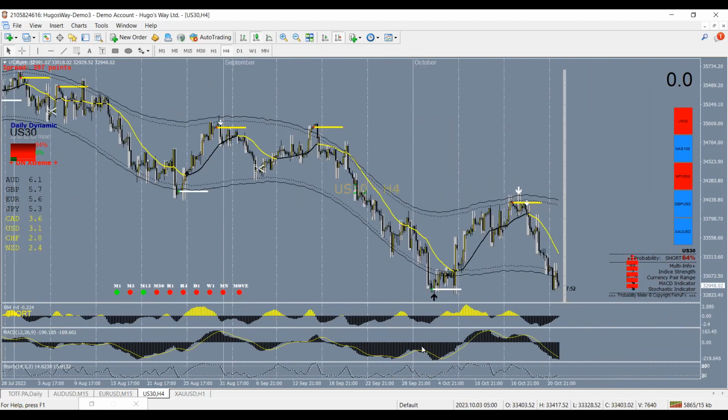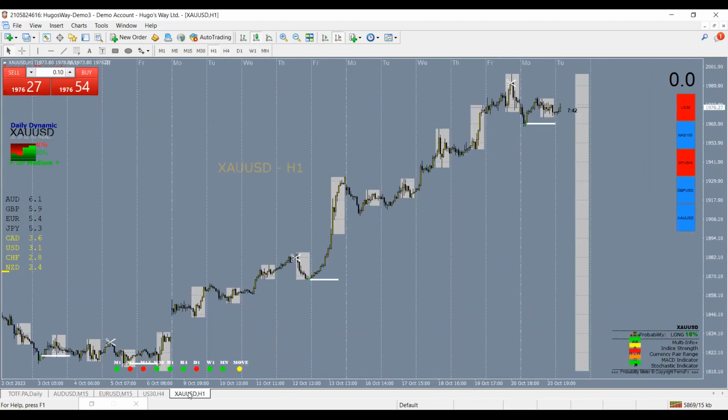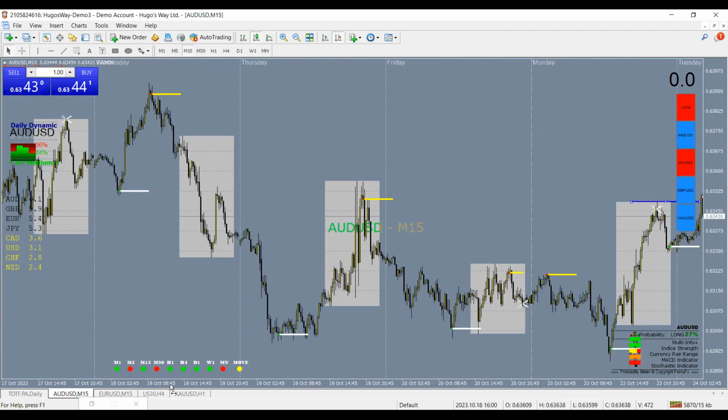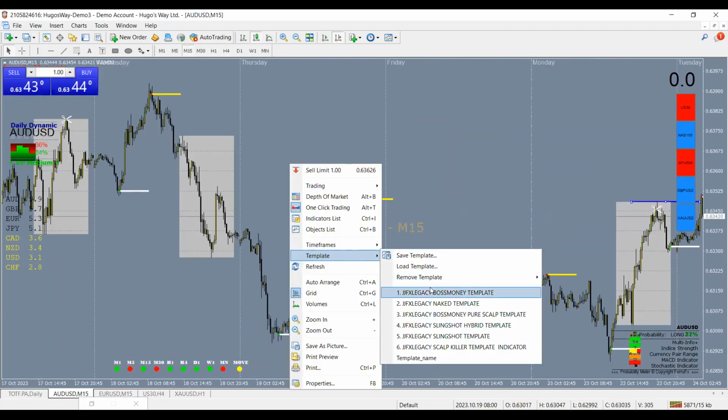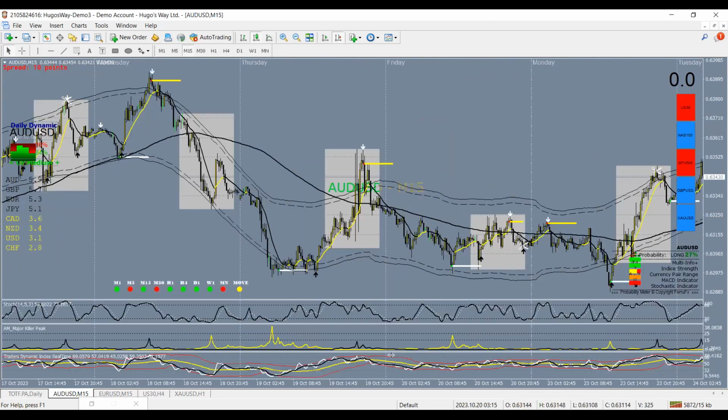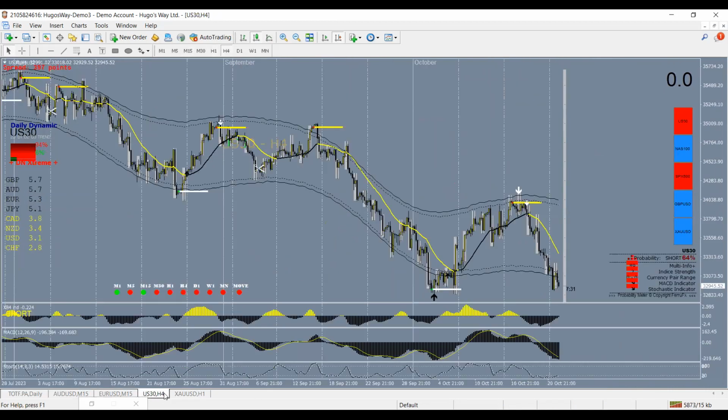All right. But you're going to have the Slingshot signal down here. You're going to have the stochastic, the MACD, and the XB4 instead of the stochastic, the AM Major Killer Peak, and the what indicators down here? I forgot what's down there. And is it stochastic on the Boss Money? I don't remember which one's on that one. My mind blank. Oh, and the TDI, right?